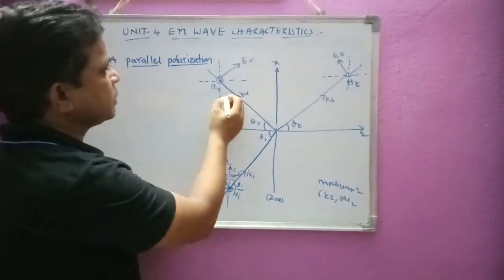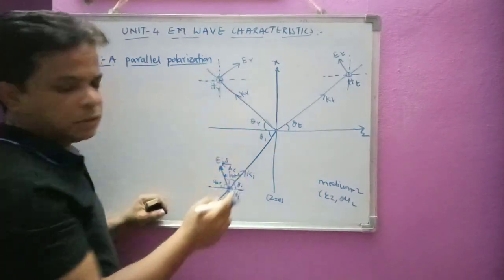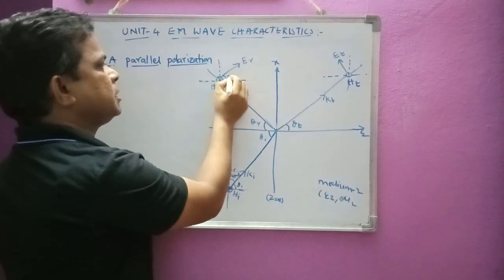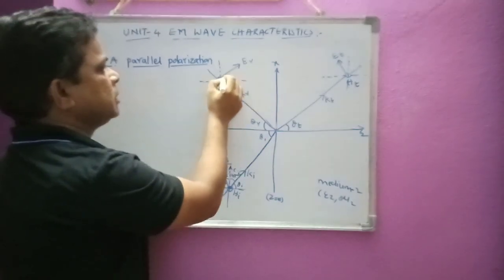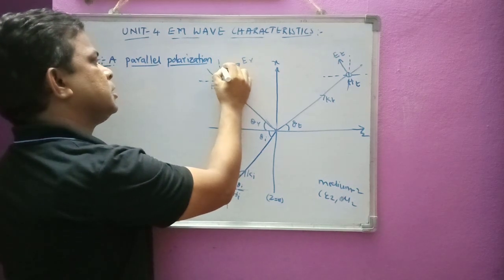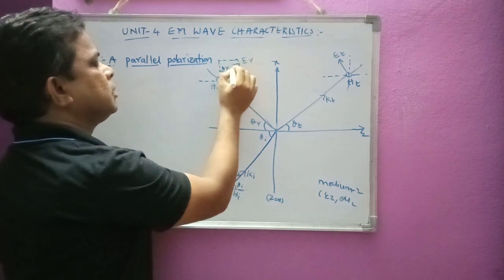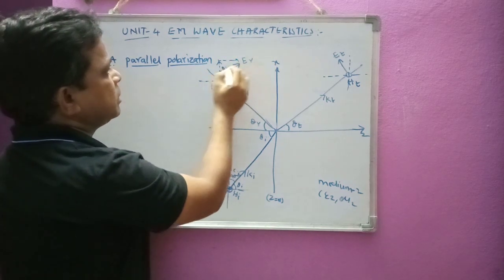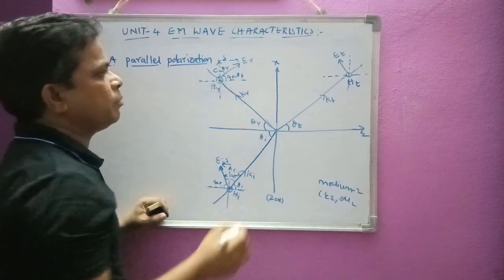Here this is theta r. Because it is the perpendicular direction, this will be 90 minus theta r, and this will be theta r. Now I have the resultant like this and like this. This is a cosine component and this is a sine component.